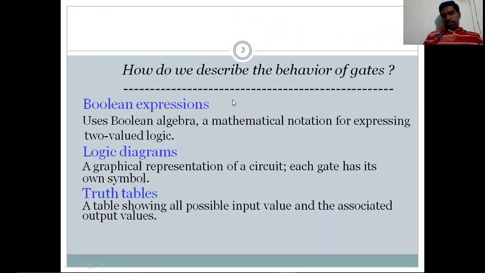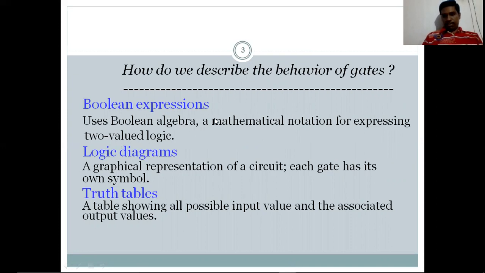How can you describe the behavior of the gates, or how do these gates behave while designing a digital circuit? Generally, we can use Boolean expressions. These gates use Boolean algebra, a mathematical notation for expressing two values.